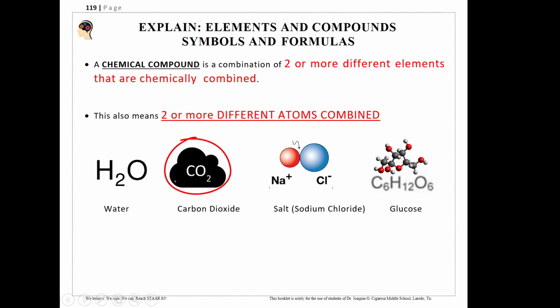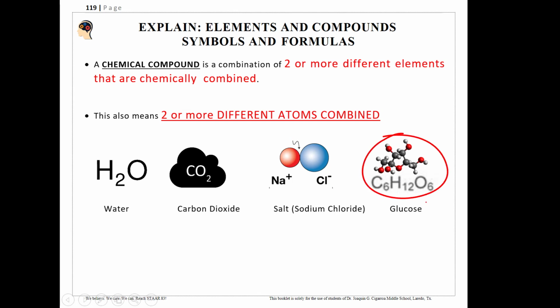We also have carbon dioxide, you know, the gas that we exhale and plants need. So we've got two elements, two different atoms, carbon and oxygen. We also have salt, and that would be an atom of sodium and an atom of chlorine, and that makes up salt, sodium chloride. We also have glucose.